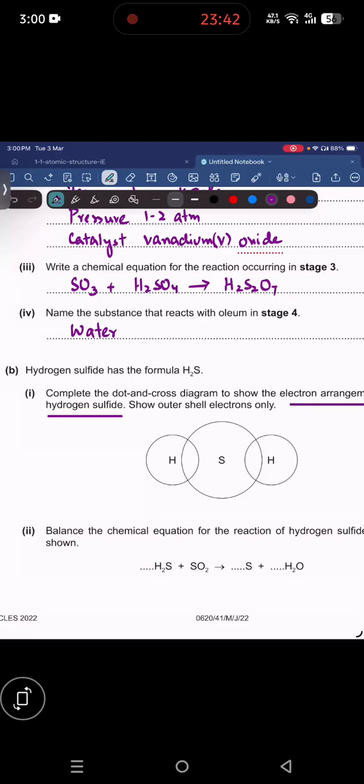So hydrogen, how many electrons are there in the last shell of hydrogen? Yes, students. 1, 2, 3, 4. How many electrons are there in the last shell of hydrogen? I need the answer from other students as well. Only 2 to 3 students are giving the answer. What about the other students? You can drop the answer in the chat.